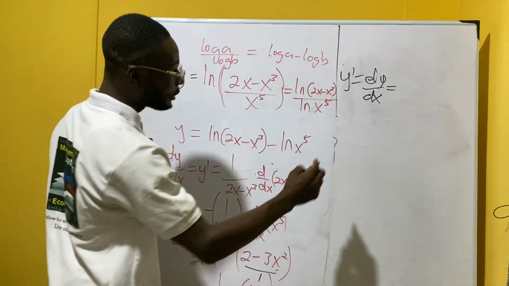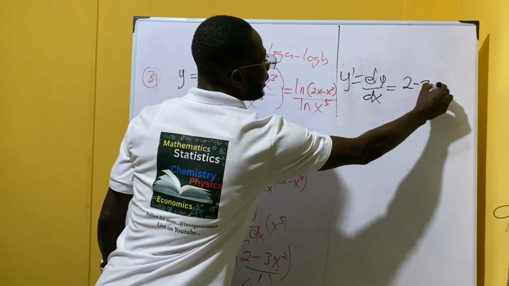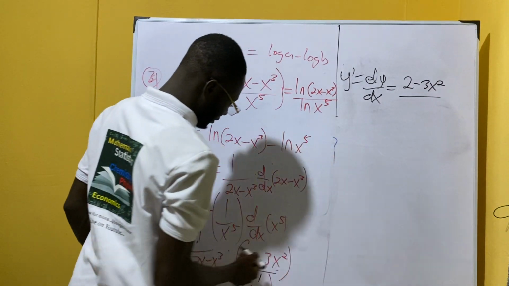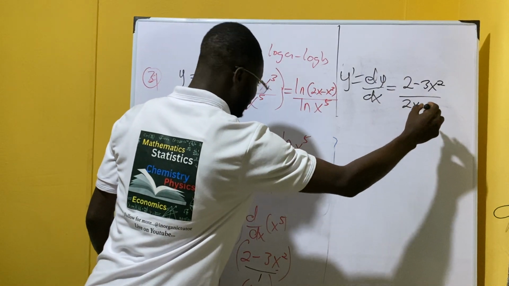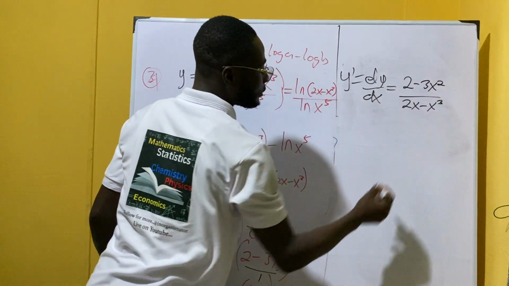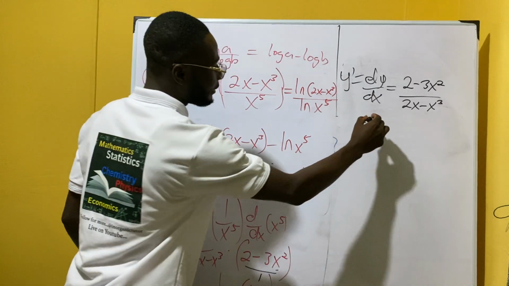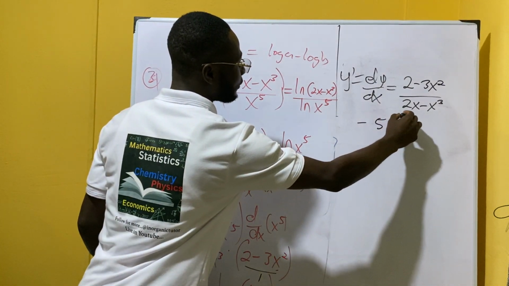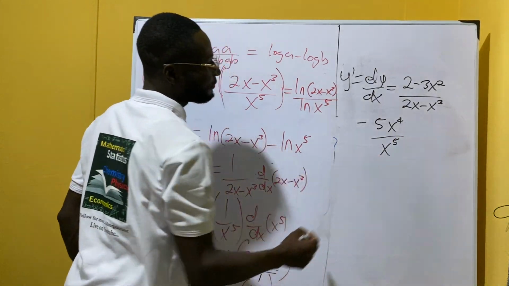So we have (2 minus 3x squared) all over (2x minus x cubed), minus 5x to the 4 all over x to the power 5.